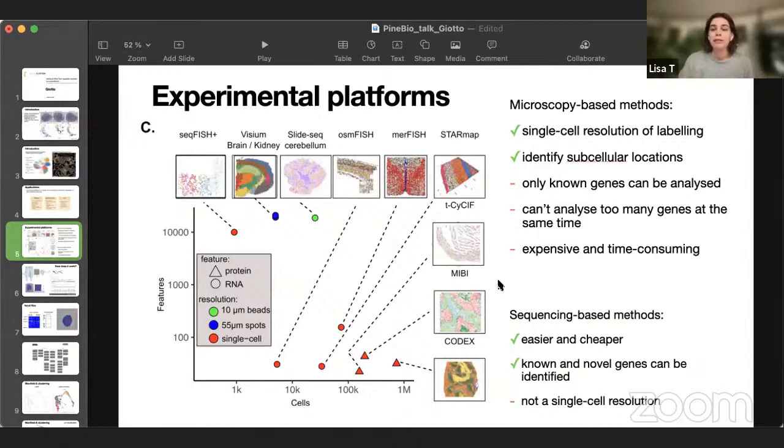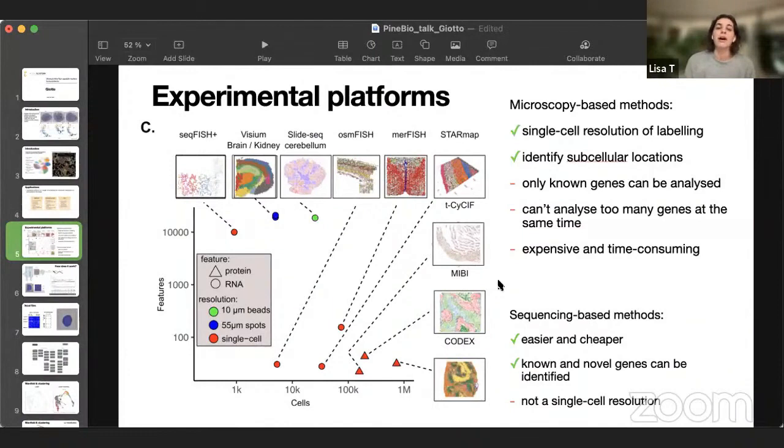But we're restricted to only known genes, and we cannot study any novel ones. And we also can't analyze too many genes at the same time because we're restricted in the number of colors, or they can just overlap and we won't see exactly where this molecule is.